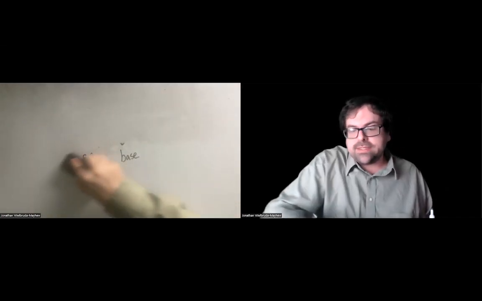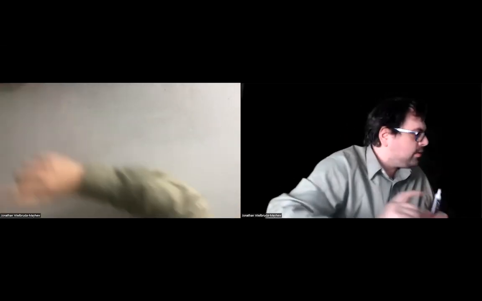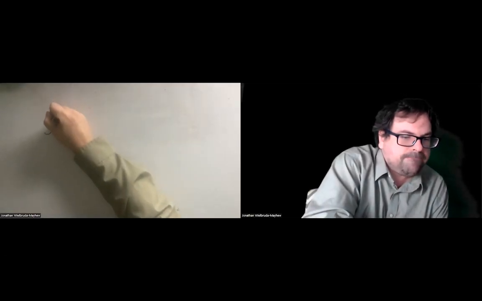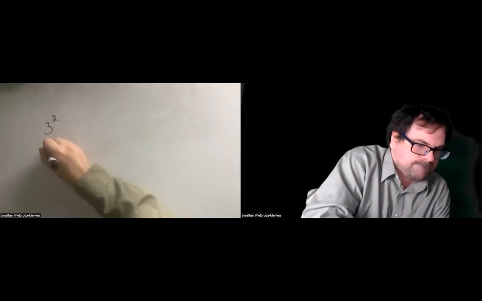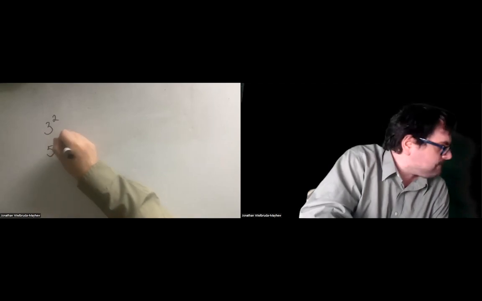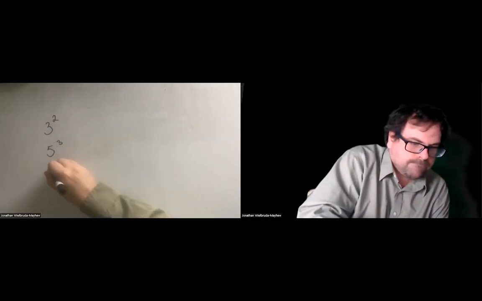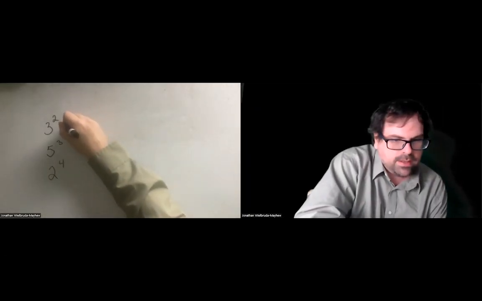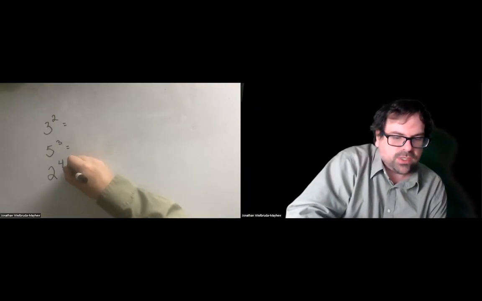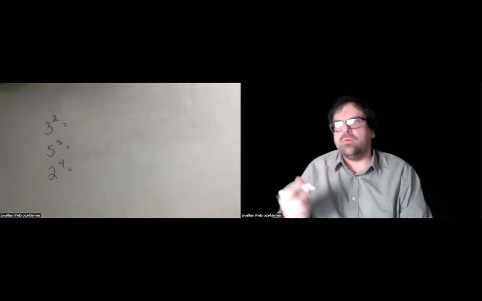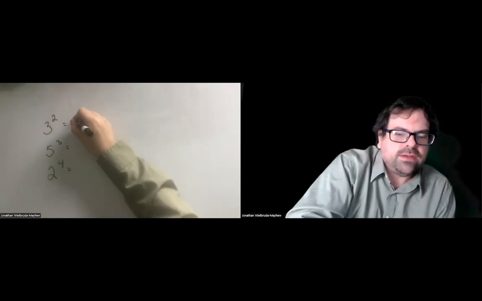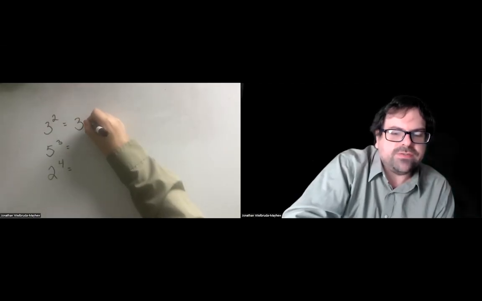Let's evaluate some other things written in exponential notation. Feel free to pause and work along once you catch on to what we're doing. 3 squared, that's 2 factors of 3.